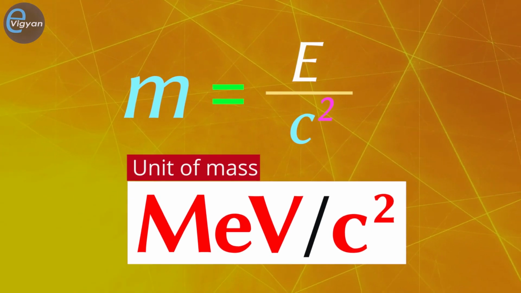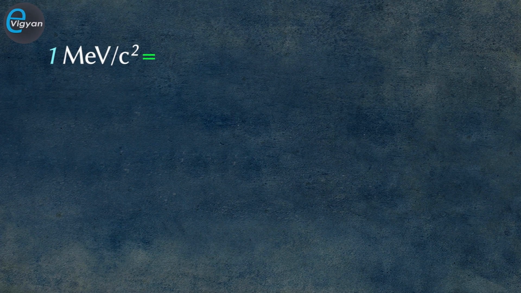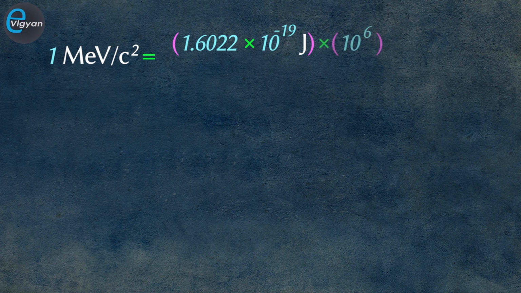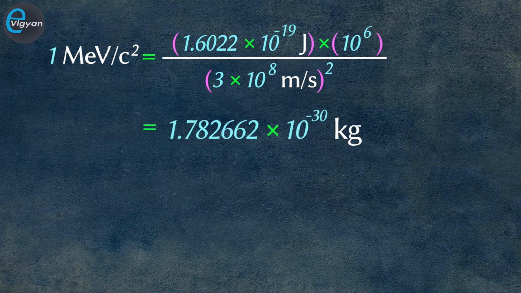Now if you convert 1 MeV per c squared into kg, it will be calculated as 1 MeV per c squared equals 1.6022 times 10 raised to power minus 19 joule times 10 raised to power 6, divided by (3 times 10 raised to power 8 meter per second) whole squared, and it will be equal to 1.782662 times 10 raised to power minus 30 kg.